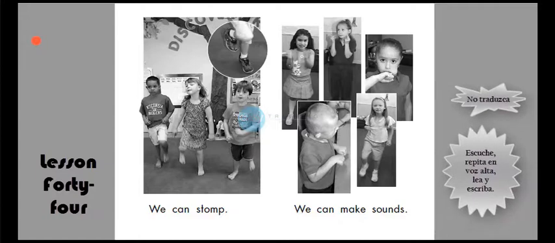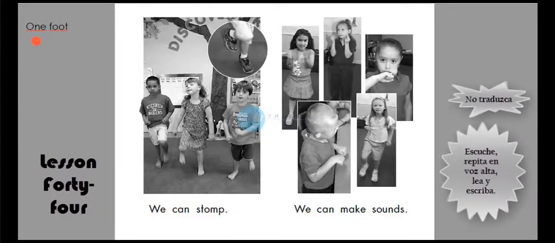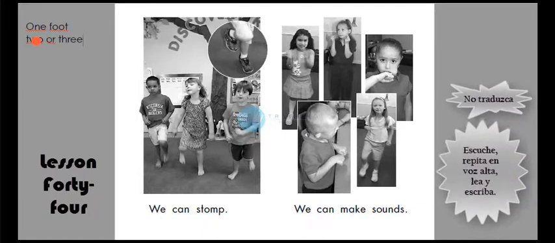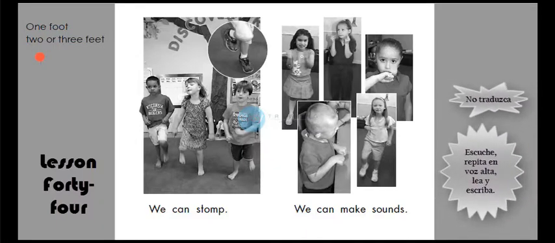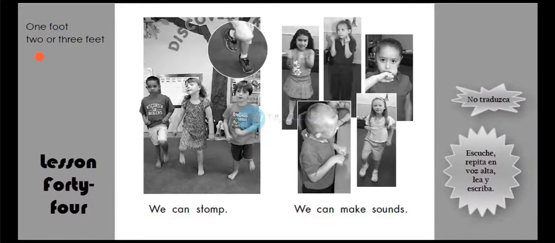Let me write about this. 1 foot, 2 or 3 or more feet. Cuando se refiere a más de uno, se usa la palabra feet. Y para uno, solamente foot.